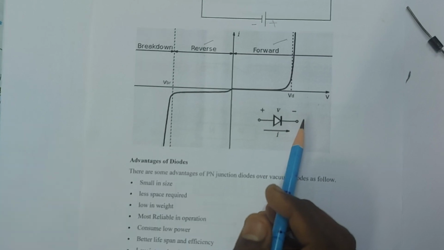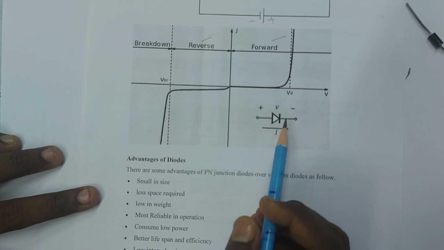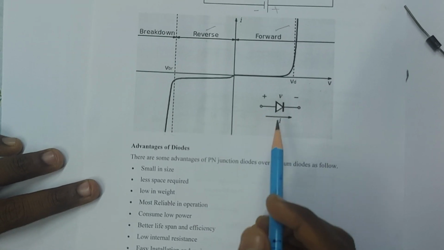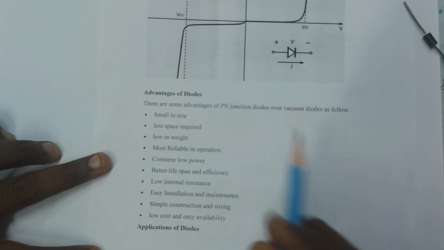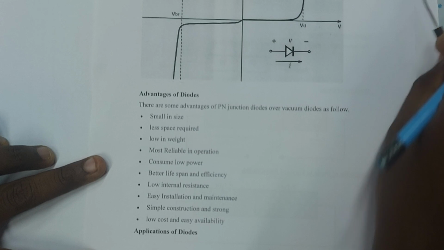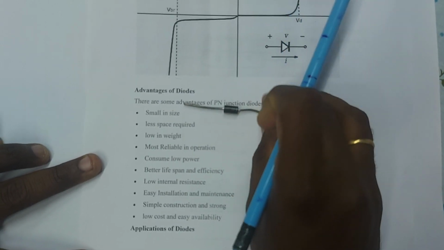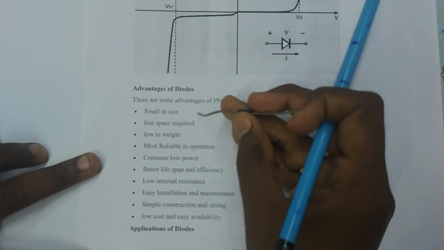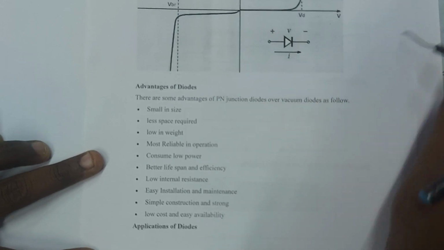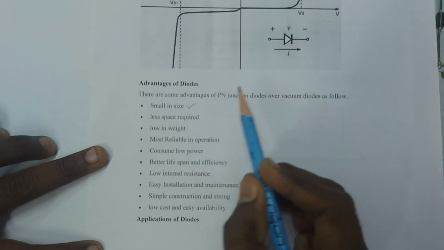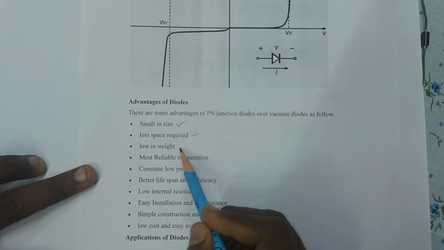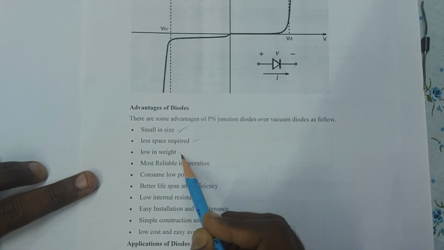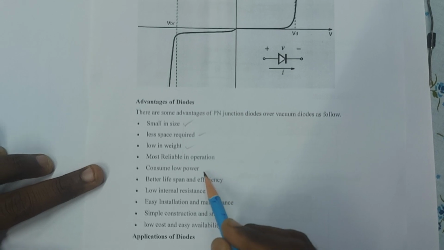Many electronic devices use diodes, so I am going to see some advantages of the diode here. As I already mentioned, the size of a diode is very small; even a small child can carry a diode. So the size is very small, less space is required, the weight is low, and it consumes low power.